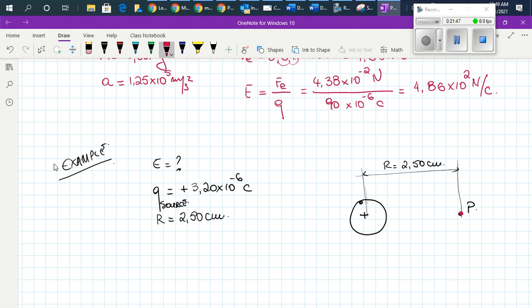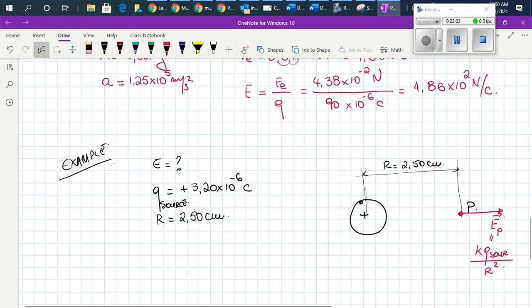It's repulsion, okay. So then the electric field at this point will be this one here, and the magnitude of it will be kq of the source over r squared.